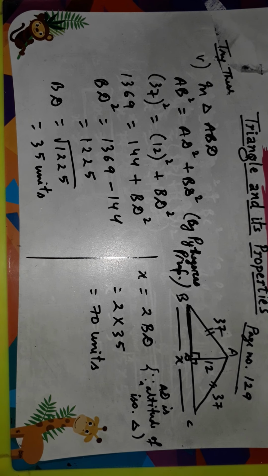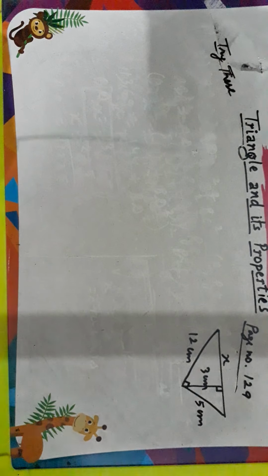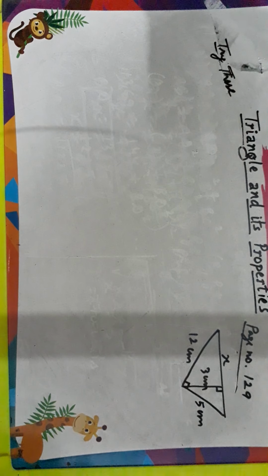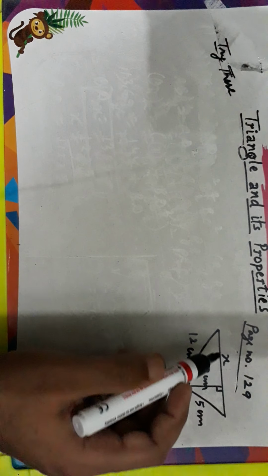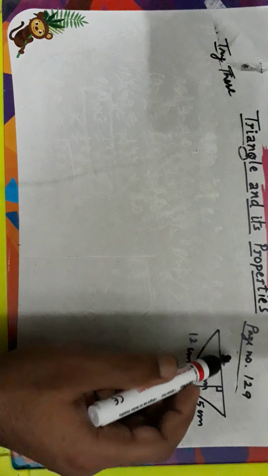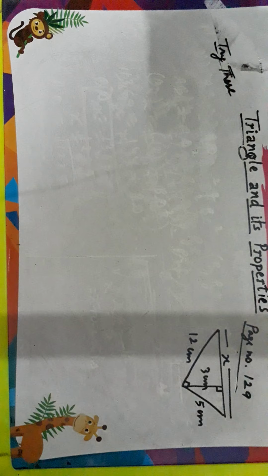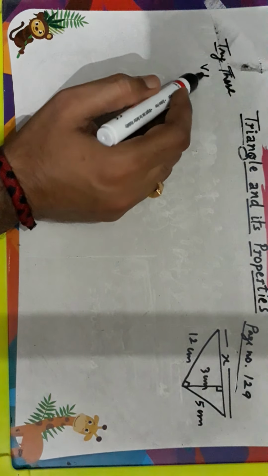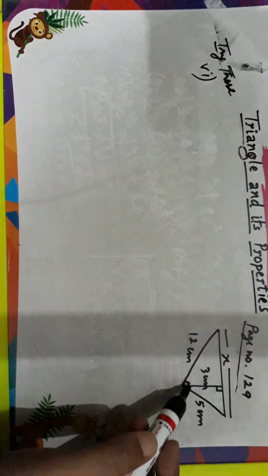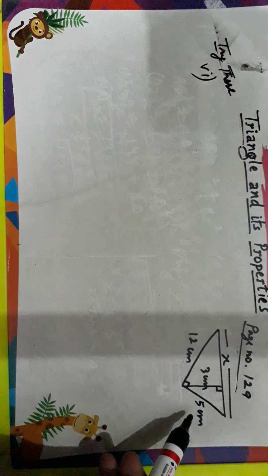Now after the fifth part we will be doing the sixth part. Let us consider this question in two different ways, because here the extent of X is not mentioned. If X is entirely this, it is clearly mentioned that the angle is 90 degrees, so this will be the hypotenuse, in which one side is 12 and the other is 5.